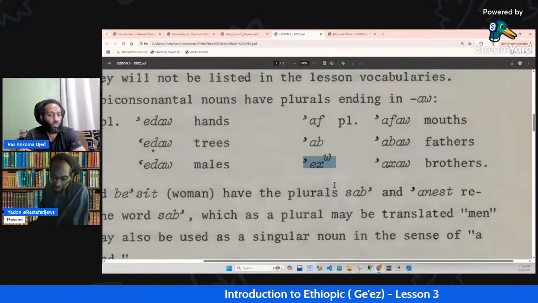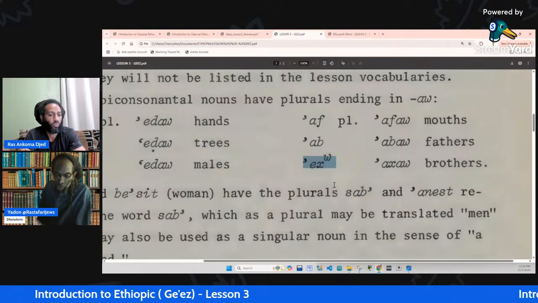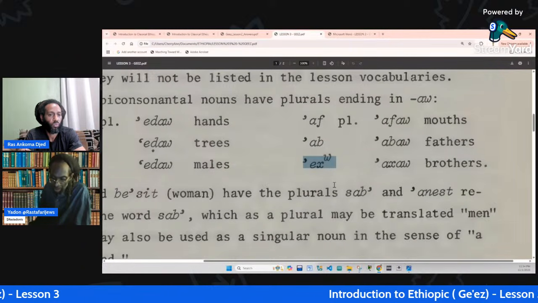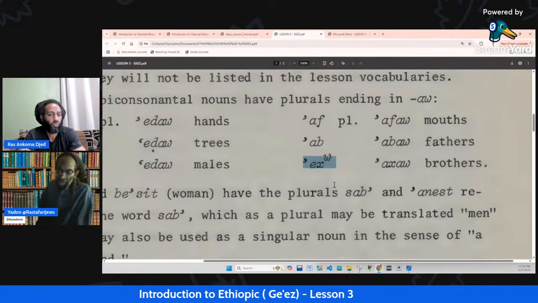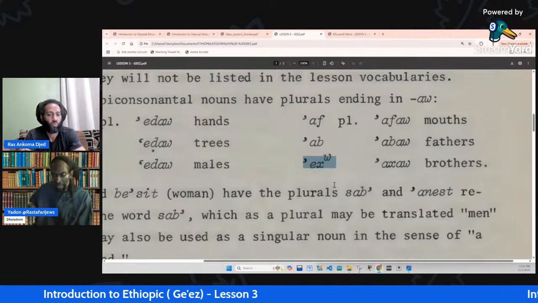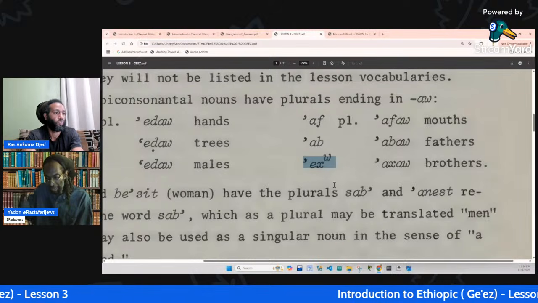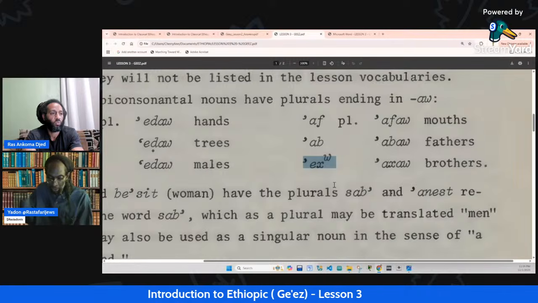So here, similar, we have ech, which is brother, and acho, which is brothers.